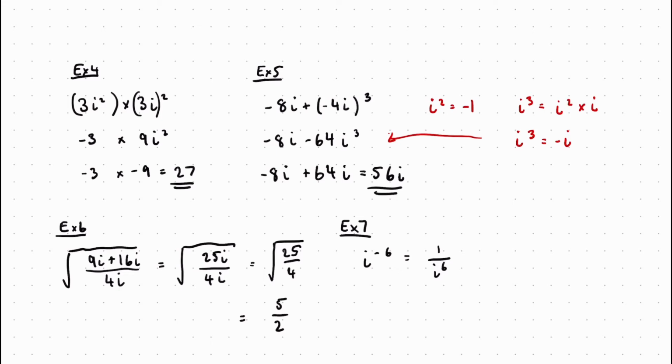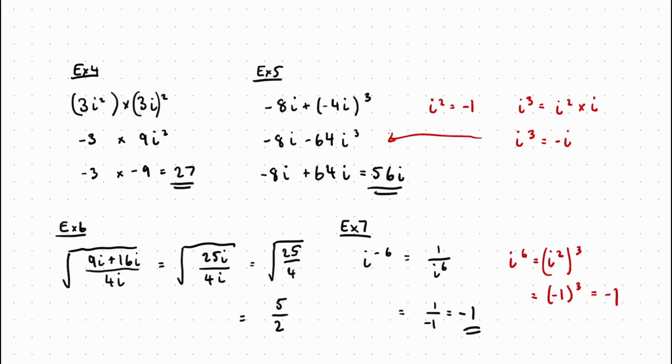I can say that i to the 6 is the same as i squared cubed. Okay, i squared is minus 1, so this is just minus 1 cubed, which is minus 1. So our solution is just 1 over minus 1, which is minus 1.